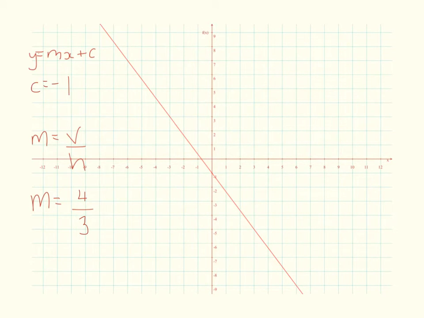We should note that this time our line is sloping downwards. When our line is sloping downwards, that means we have a negative gradient. So I identified what c was: c is where my line crosses the y-axis, right here.